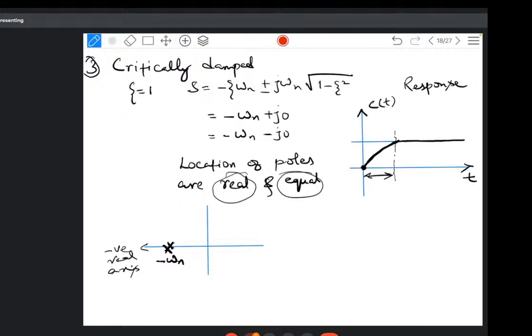And for the critically damped system, I have already shown you the response plot: the system response increases and finally settles to the steady state without any oscillation. For the underdamped system, when the response was reaching the steady state, it had a natural tendency to oscillate about the steady state.